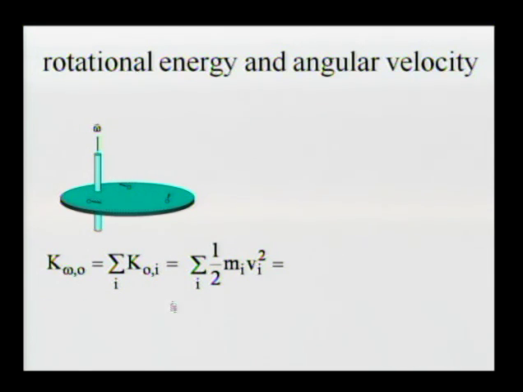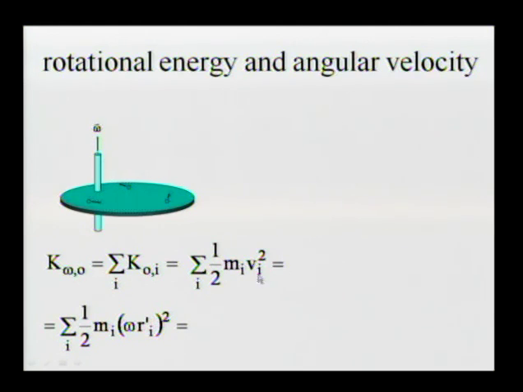From the definition of kinetic energy of an individual particle, it is 1/2 of the mass of the particle multiplied by the square of the speed of this particle. I can recognize now that the speed is related to the magnitude of angular velocity and how far the particle is from the axis.